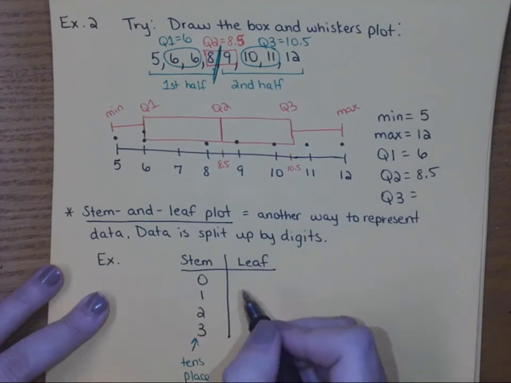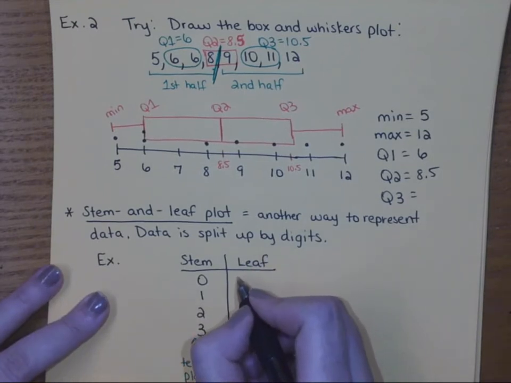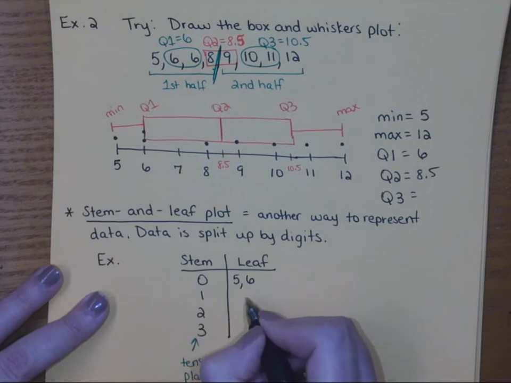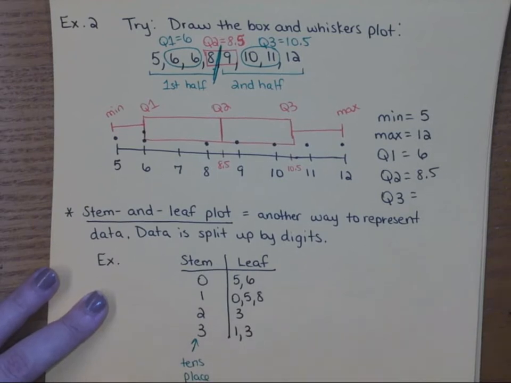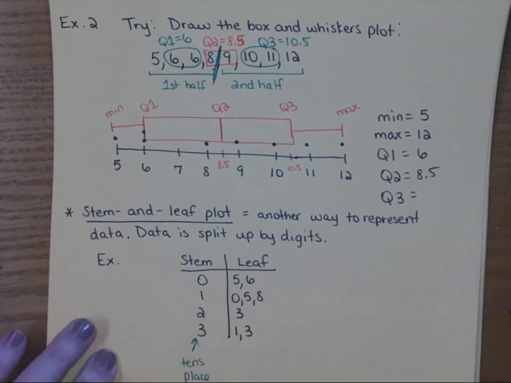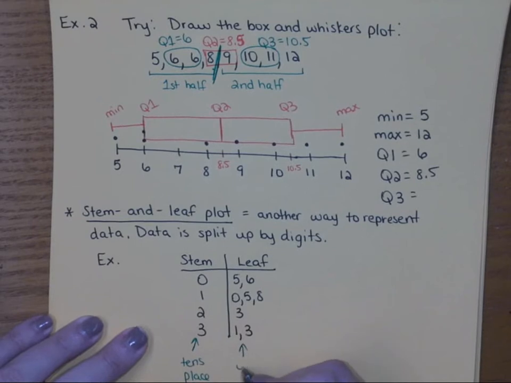And then this is just going to be the ones place. And so you might see a list of values out to the side of each stem. Sometimes they'll be separated with commas and sometimes they won't, but this would represent the ones place.